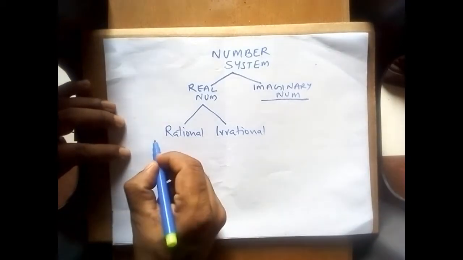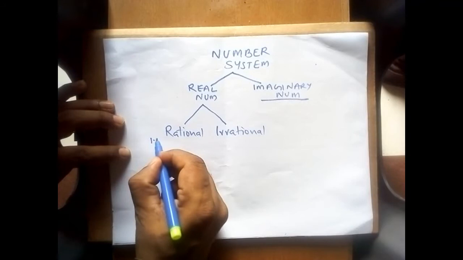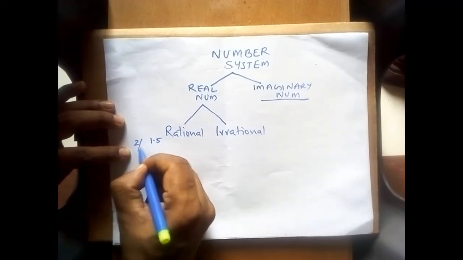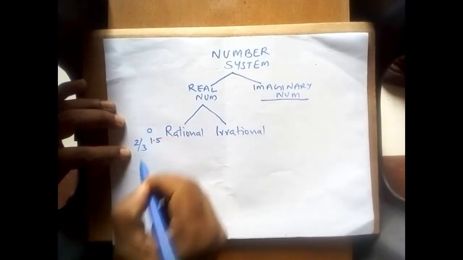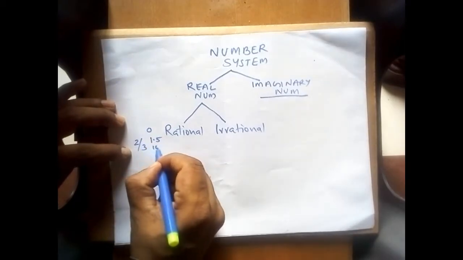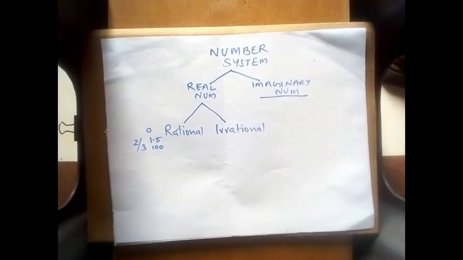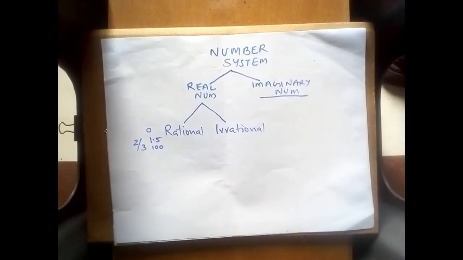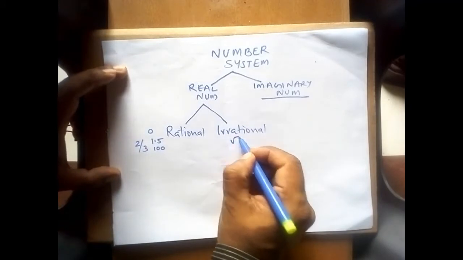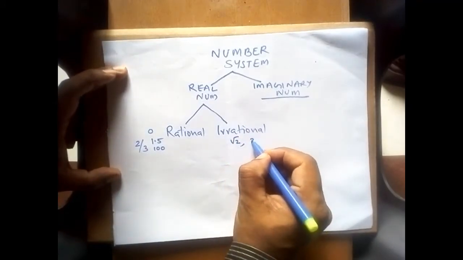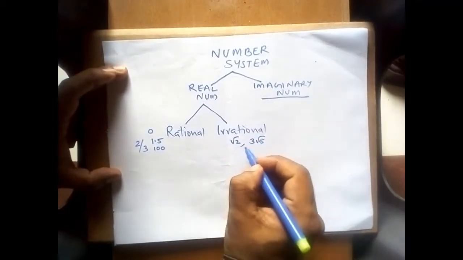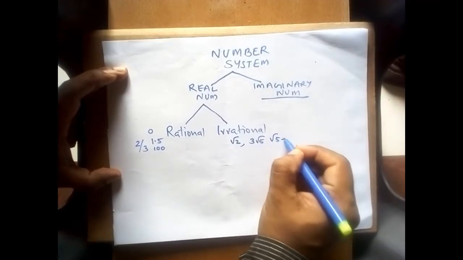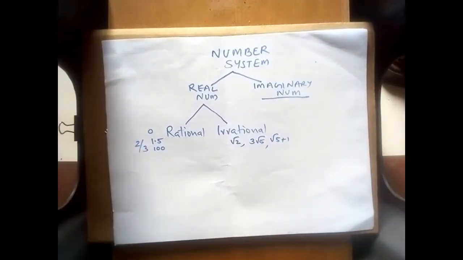For example, we have 1.5, 2 by 3, 0, 100, etc. What about irrational numbers? Those numbers which are not rational are irrational numbers. For example, root 2, 3 root 5, root 5 plus 1, etc.